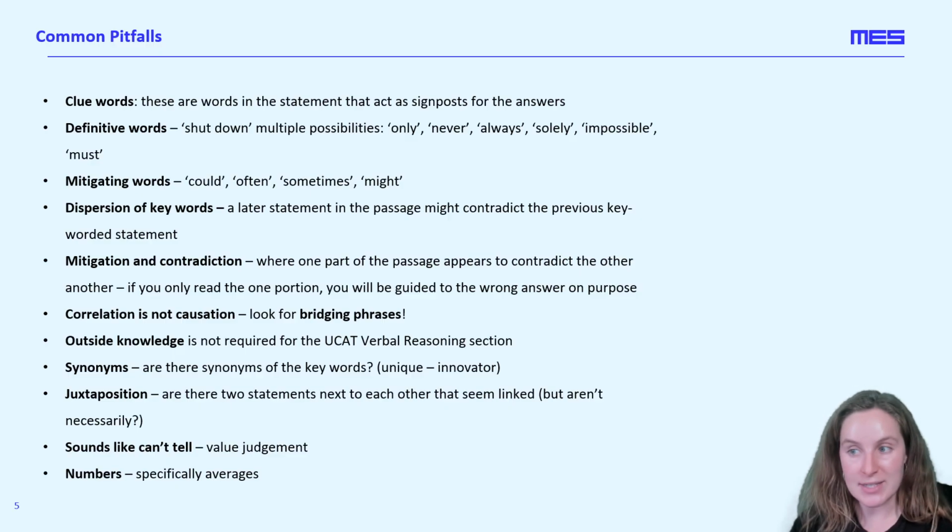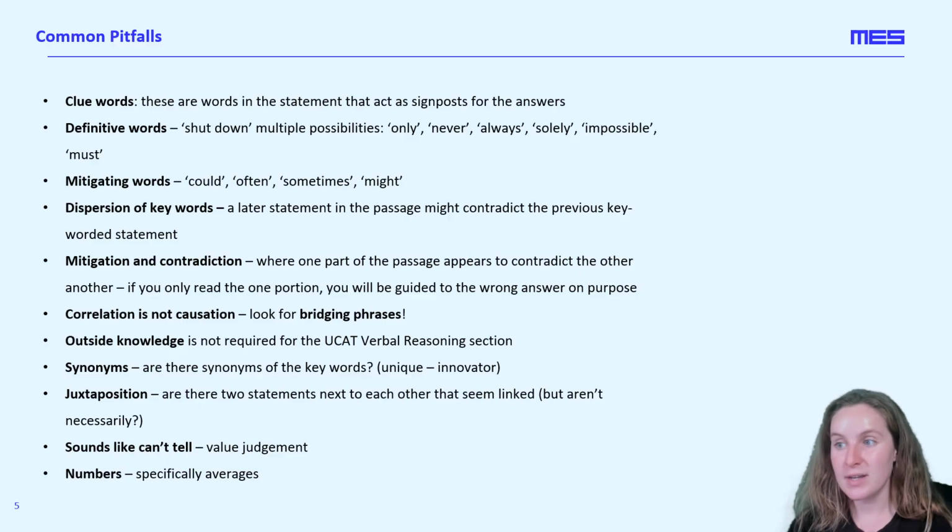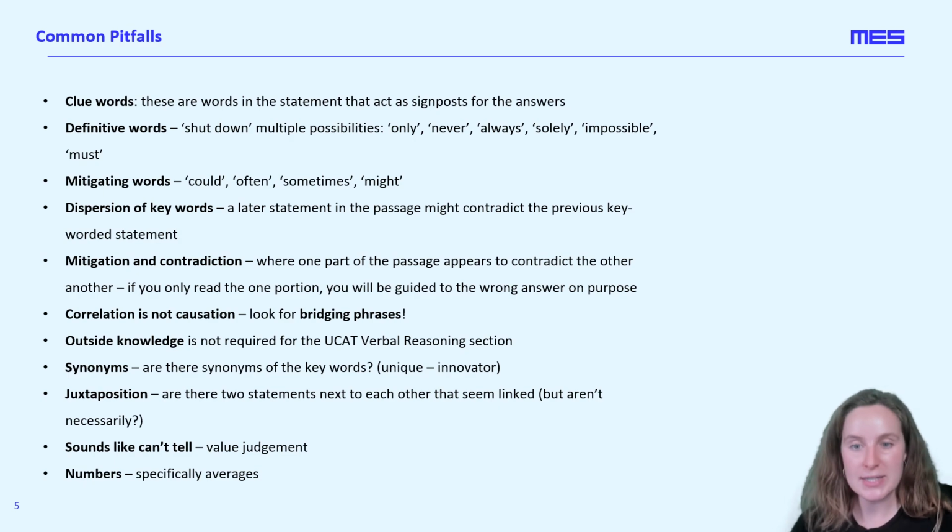Same for mitigating words. Mitigating words open up multiple possibilities. So they may say something like a certain type of car is painted in a variety of colours, and then the statement is that the cars could be made in a blue colour. Now, because of the information in the passage and the information in the statement, that opens up quite a lot of possibilities, right?